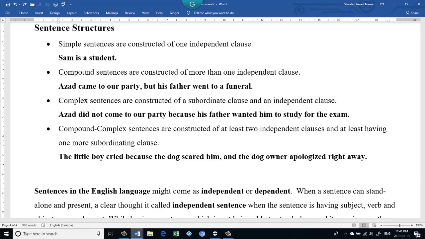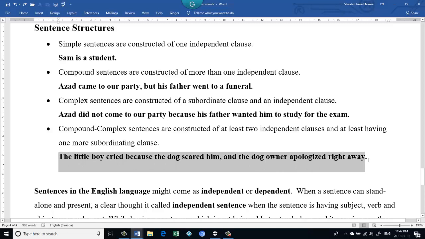If we look now, we have all of them as one sentence. How do we know it's one sentence? Anytime you look at your sentence, you start with a capital letter, then at the end of the sentence we put a period, or sometimes we call it a full stop, or in some cases we have a question mark.